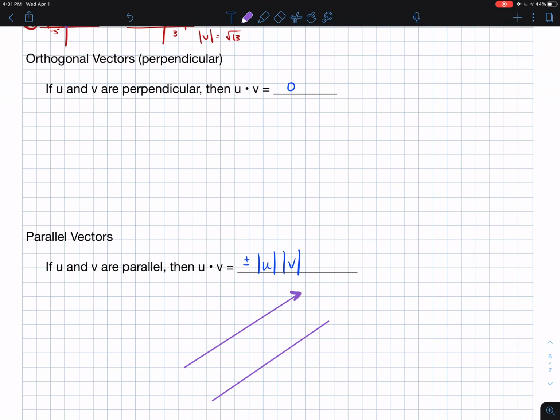If both of my vectors are going in the same direction, this is where I'm going to have a positive. But if my vectors are going in opposite directions, this is where I'm going to have a negative. They're still parallel to each other. It just is an indication of the direction of them. So that's just a small comment there.